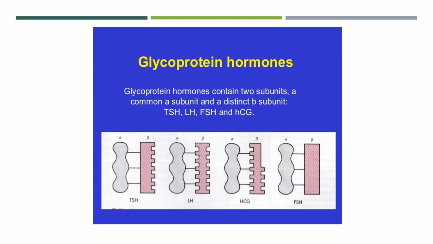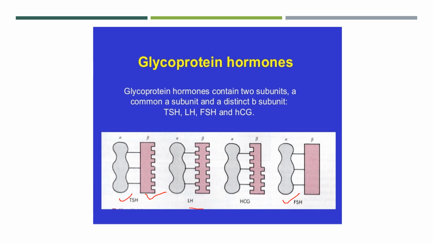Now come to the structure of the hormones. The hormones that are released from the anterior pituitary, we know that they may be the TSH, LH or the FSH. These hormones are the glycoprotein hormones. All of these glycoprotein hormones have two subunits. Among them, the alpha subunit is common.